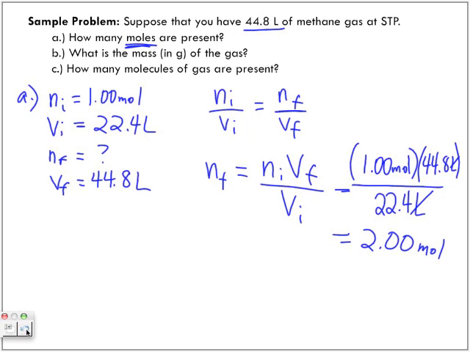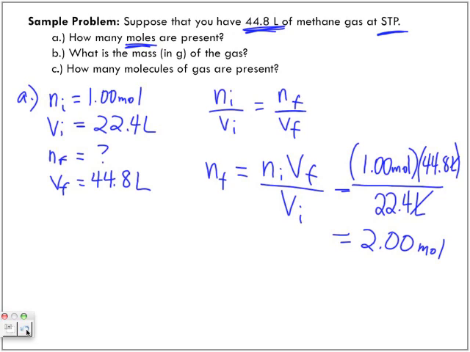We went from an STP volume of 22.4 to a final volume of 44.8 liters, so it went up 2 times.